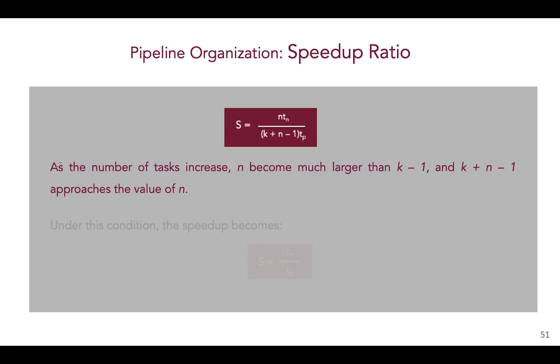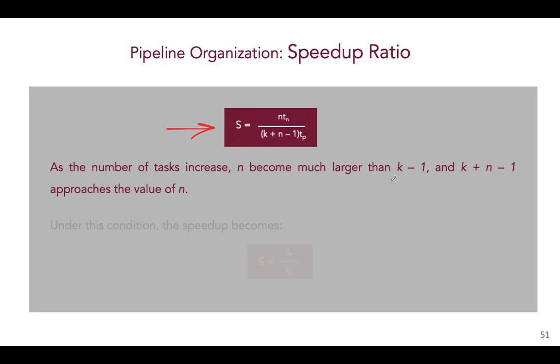right? Now see, let's take a look at this equation in a bit more detail. If the number of tasks increases, that is, if n increases, n will eventually become much larger than k minus 1, because a pipeline is never going to be as huge as the number of tasks.